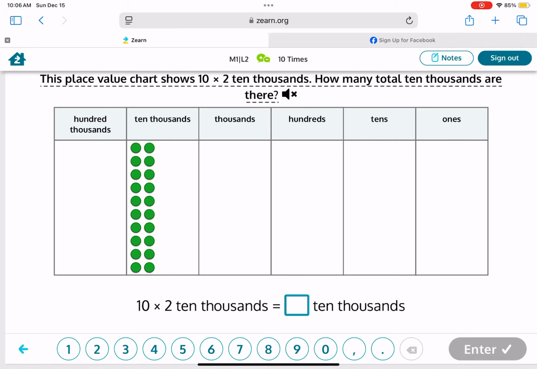This place value chart shows 10 times two 10,000s. How many total 10,000s are there?